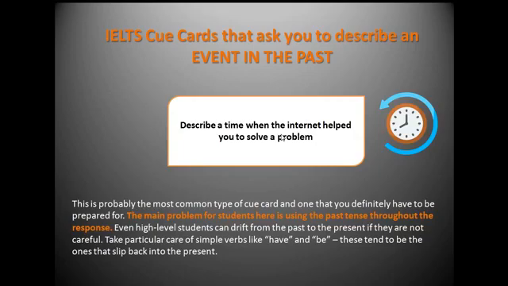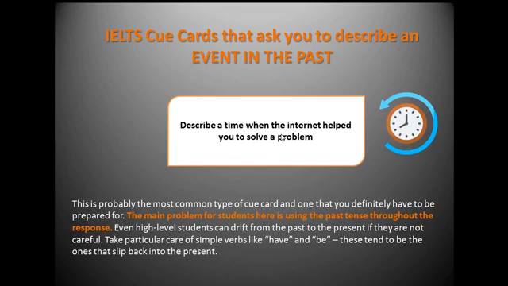So you may get different sorts of topics on the usage of the internet. It can be to solve a problem. It can be to prepare for any exam. It can be about anything.